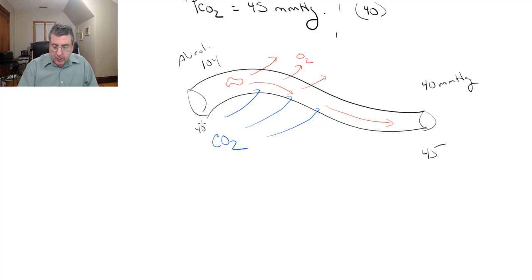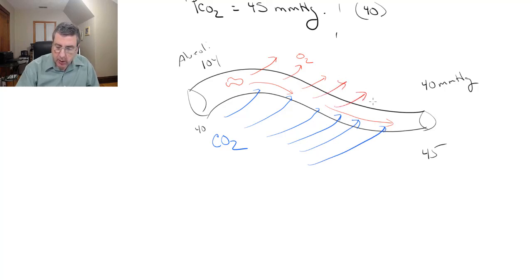The reason it's changing is we're constantly adding more CO2 and constantly removing oxygen as blood moves throughout the system. So I hope you understand the basic concepts.